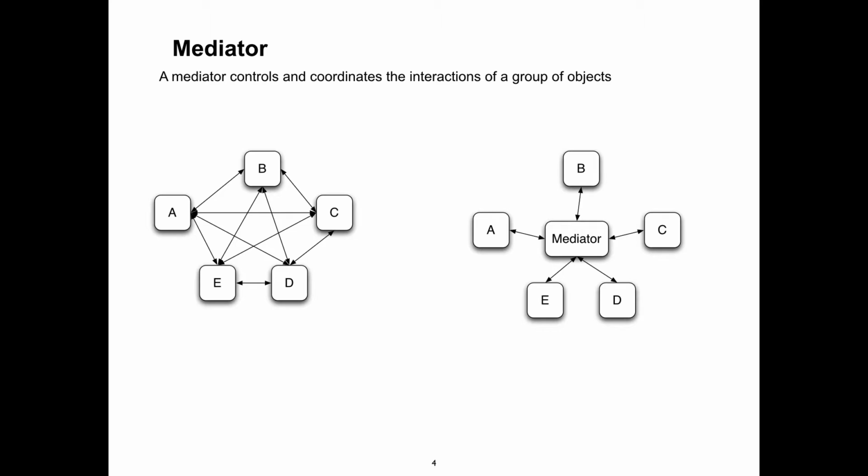You get n objects, right? There's n squared different combinations. Whereas with a mediator, that n squared can be just n, which does simplify connections.